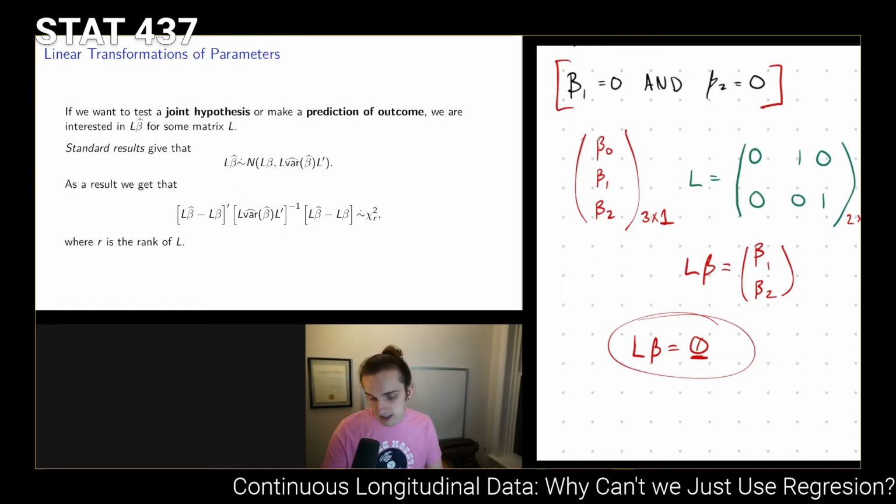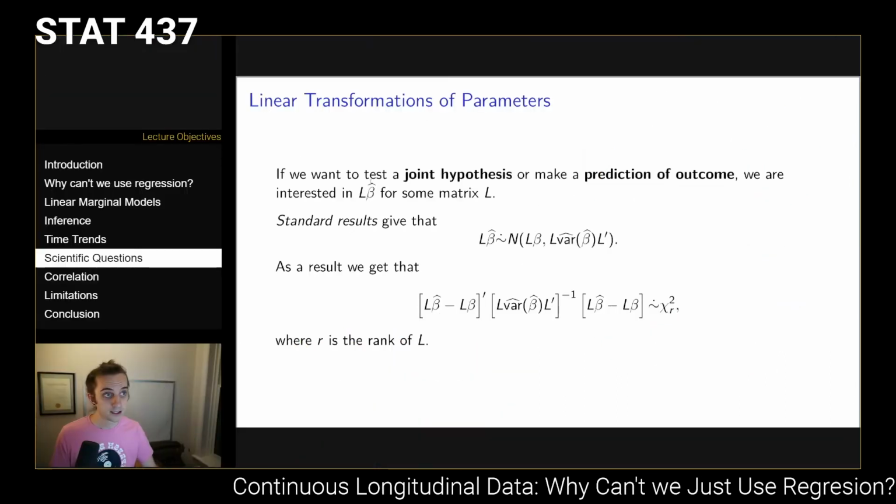The reason we care is that L beta follows a distribution that we know. In particular, L beta is going to follow a normal distribution, which means we can use Wald statistics as well. We have this quadratic form, which is kind of a mess to write out, but we'll see some examples of this later on.